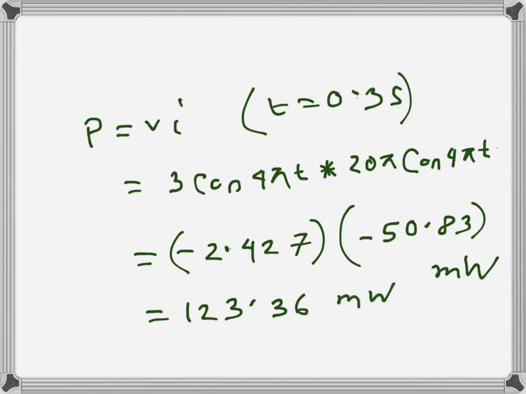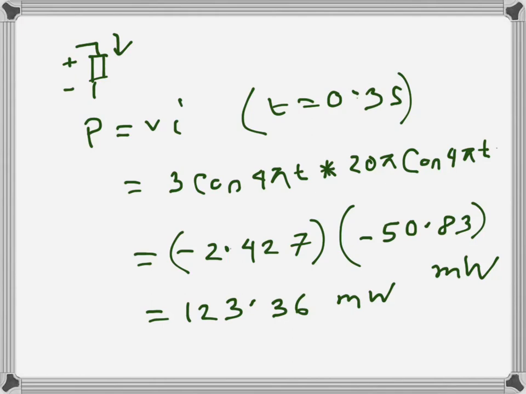The power is positive, which is supposed to be, because this element is absorbing power, as current is entering. In the question it says current is entering through the positive terminal, and voltage drop is from positive to negative terminal. That means this is a passive element, it will be absorbing power, and we are getting the power to be positive, so power is being absorbed by the element.